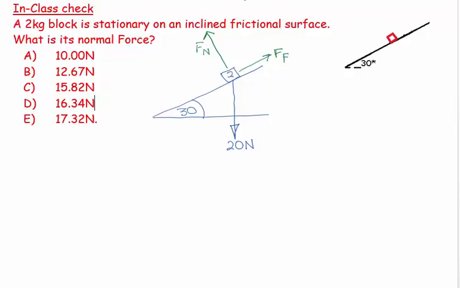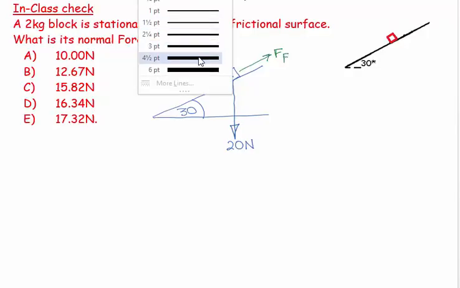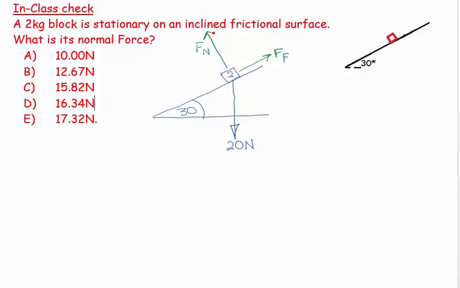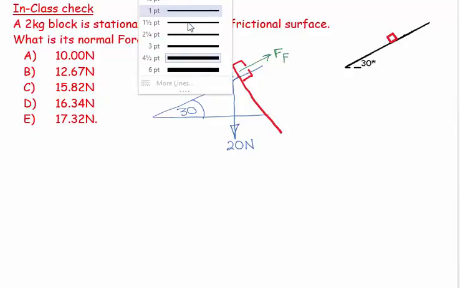If I take this, and I'm just going to make this bigger so it stands out. If I want to ignore Ff, which is what I want to do, I want to only deal with Fn, then one of the things I can do is pick an axis which is perpendicular to Ff. This axis is at 90 degrees to Ff, and therefore Ff has no component on it.